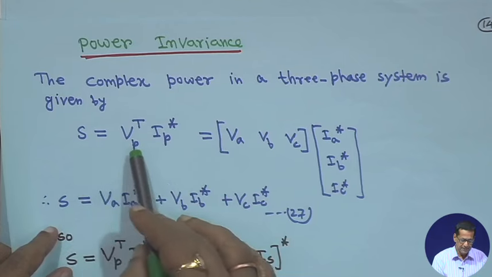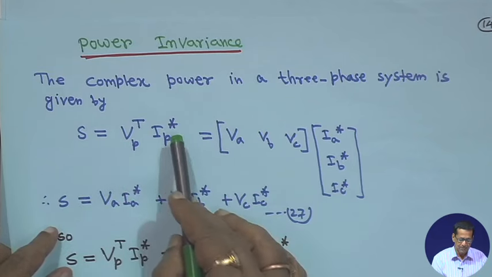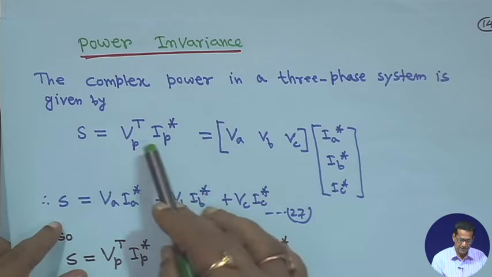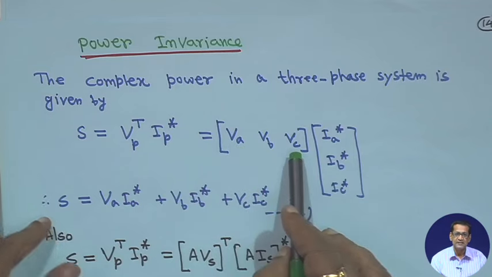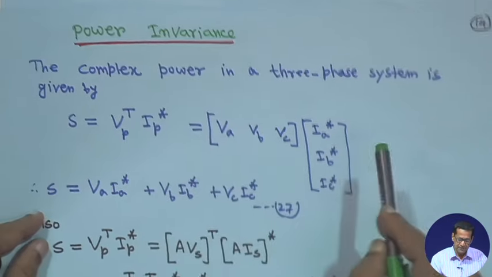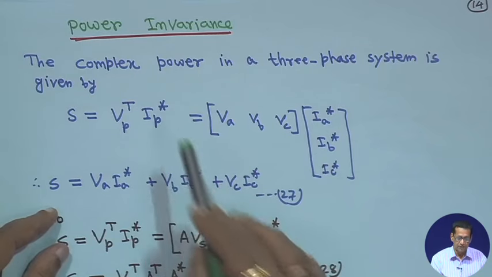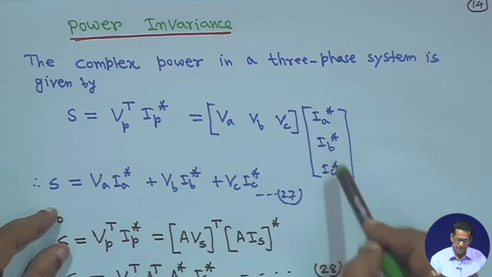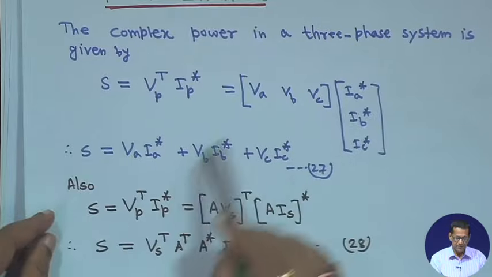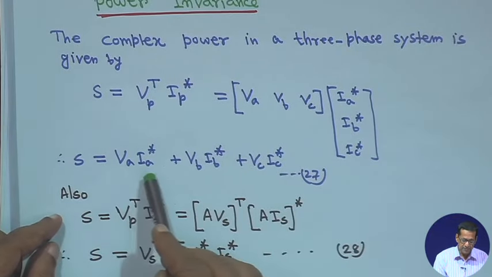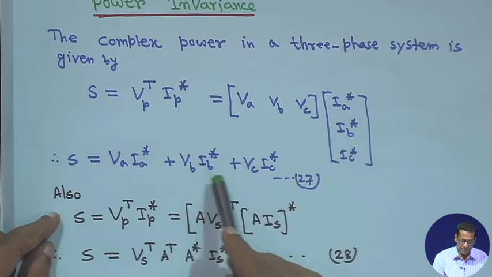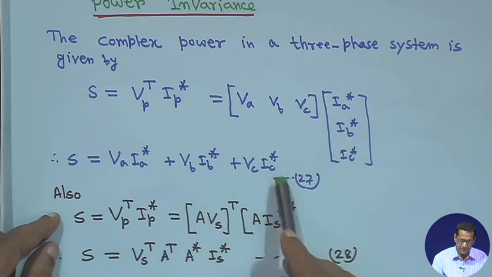So, we can write S is equal to V p transpose I p conjugate, where V p transpose is V a V b V c, and I p is I a I b I c. With the conjugate, I a conjugate, I b conjugate, I c conjugate, multiplying, you get S equal to V a I a conjugate plus V b I b conjugate plus V c I c conjugate, equation 27.